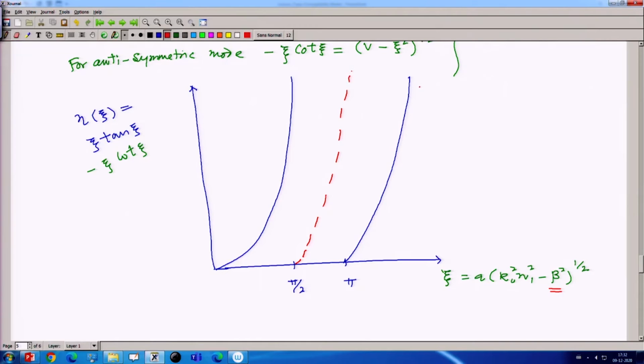So, this is for xi tan xi, which is coming for symmetric modes, and this one is for minus of xi cot xi, which is for antisymmetric modes.